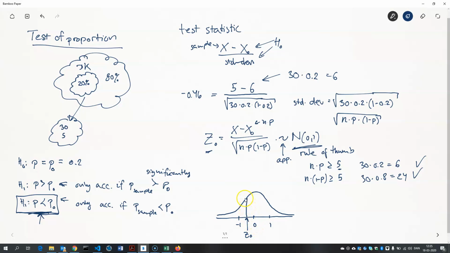Now that means that this area here, since we're doing a left tail test, is our p-value. And as you can see, it's certainly greater than 5%. We haven't set the significance level yet, but if it is 5%, then it's pretty obvious that we cannot reject the null hypothesis.